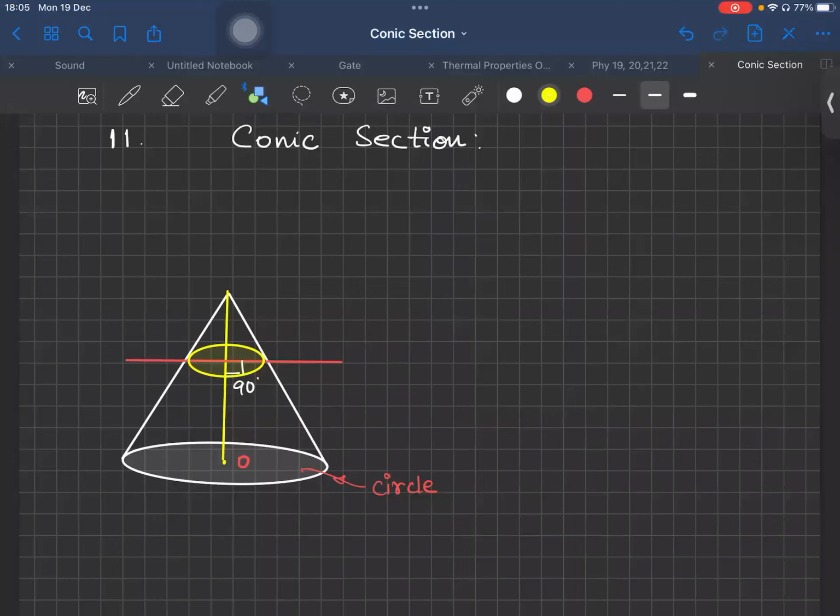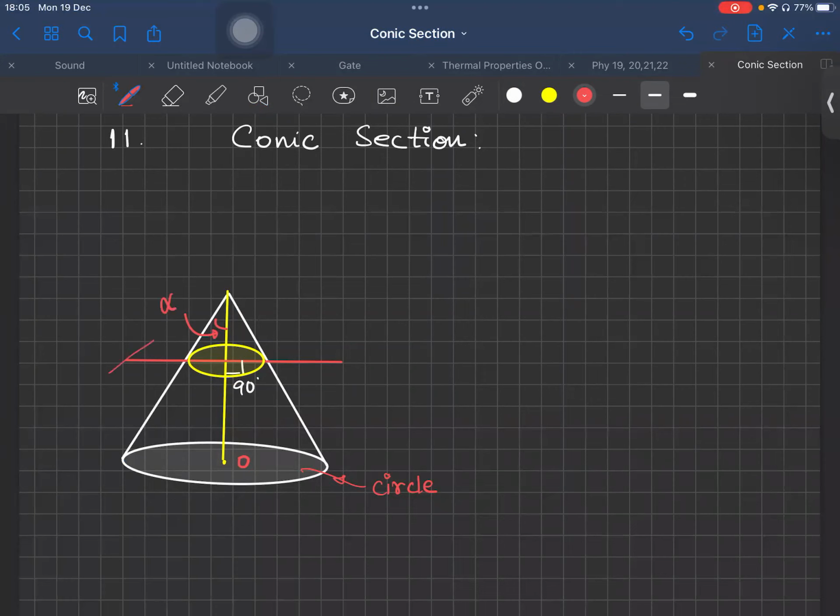Right? Now, let's say there is another cone. You can make another cone. Let's try to understand from this only. According to your book, I'll be writing all the definitions. So this angle, let's say this is alpha. And now this is a plane.